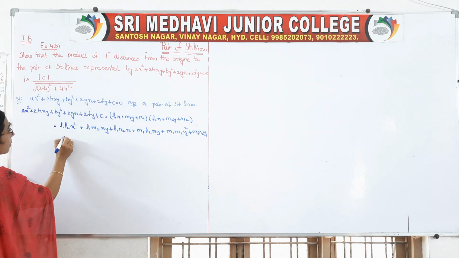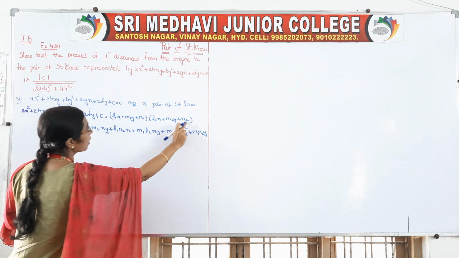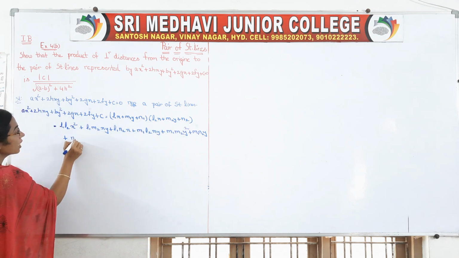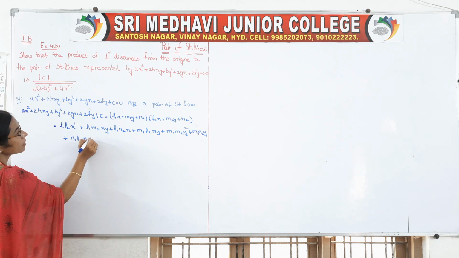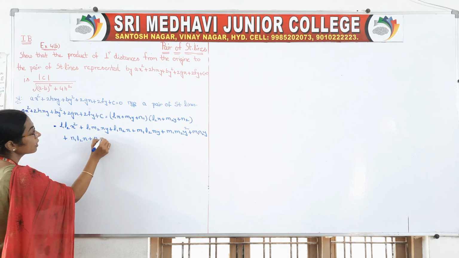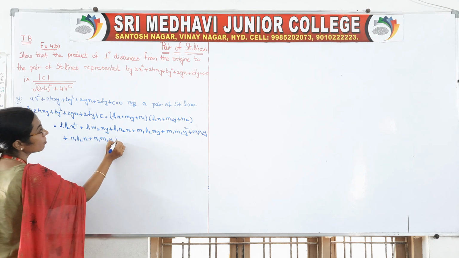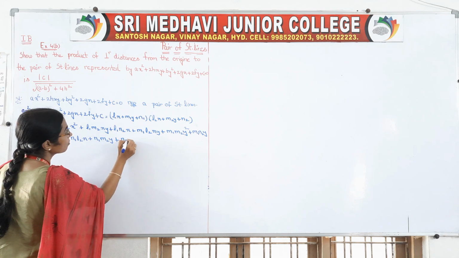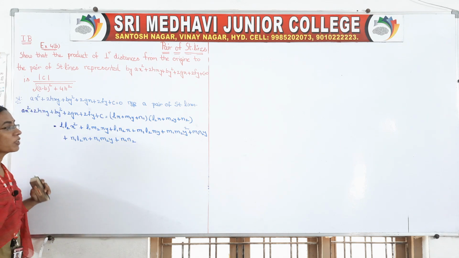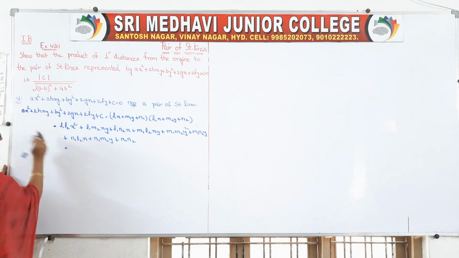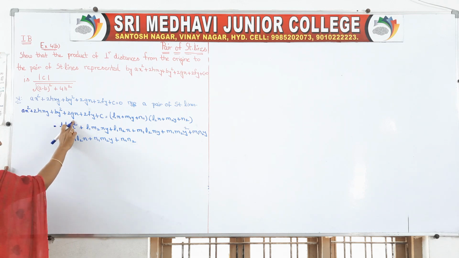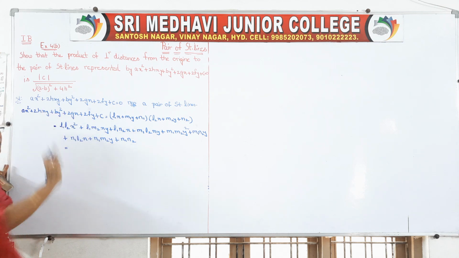Next with N1, all the three terms: N1 L2 x plus N1 M2 y plus N1 N2. Now the other side equation is ax square plus 2hxy plus by square plus 2gx plus 2fy plus c.